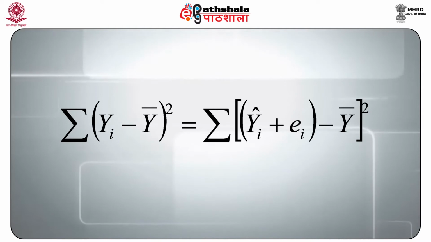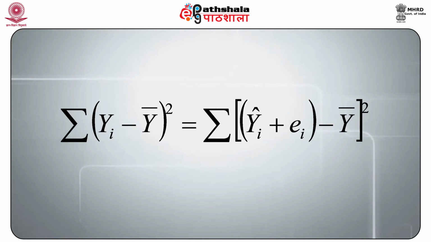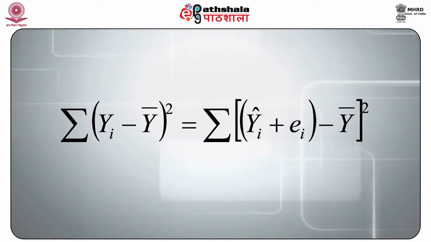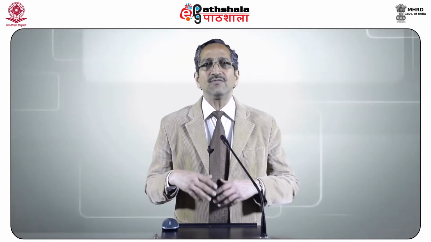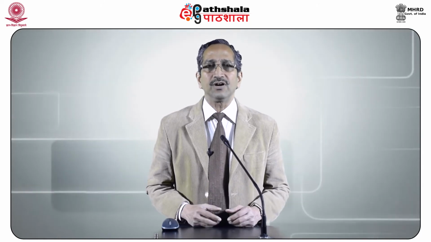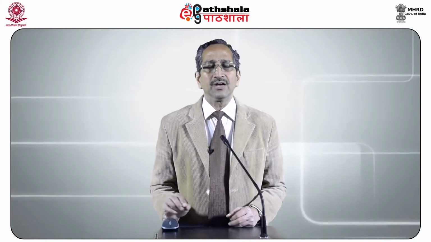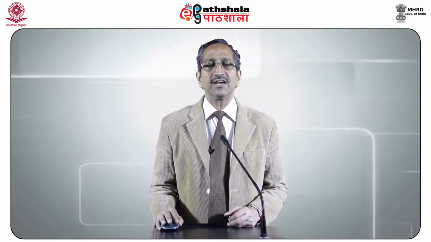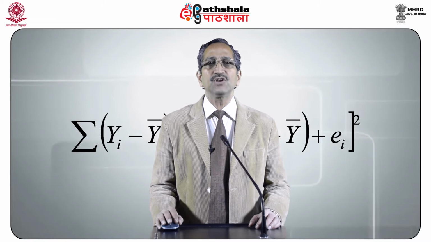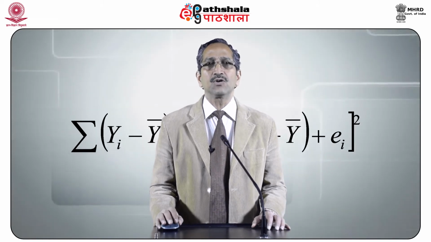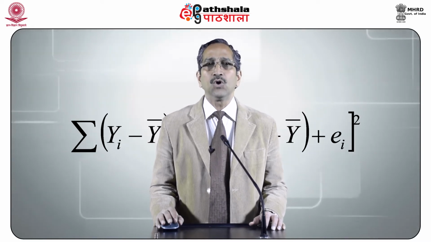So if I go back and look at summation (yi minus y bar) square, it can be written as summation (yi hat plus ei minus y bar) square. So what we have done is substitute the value of yi equal to yi hat plus ei in this formula. Now, if we rearrange the terms on the right hand side, we can rewrite it as summation ((yi hat minus y bar) plus ei) whole square.